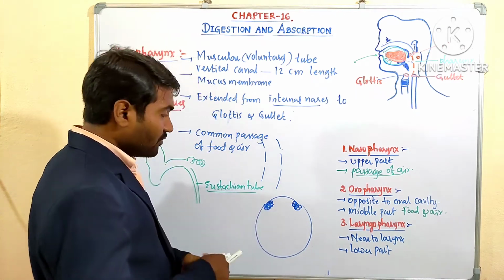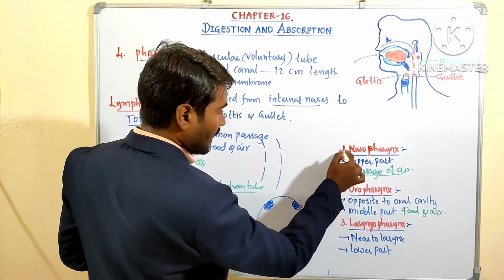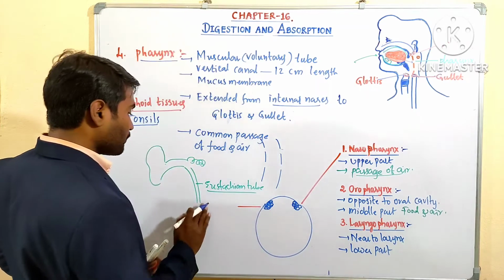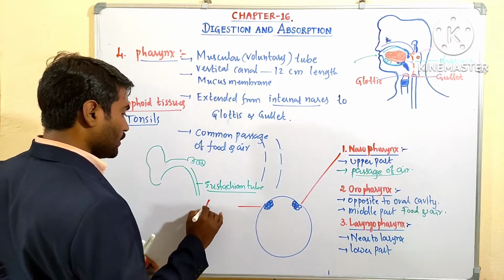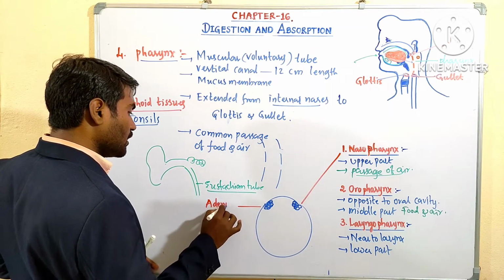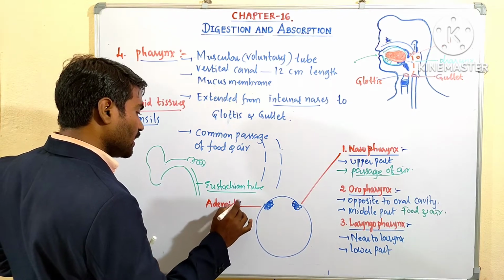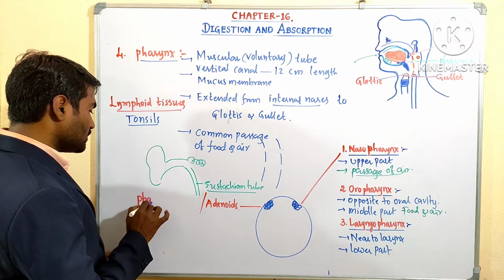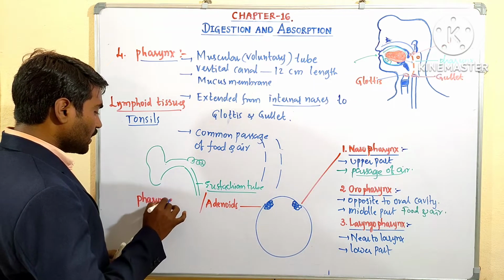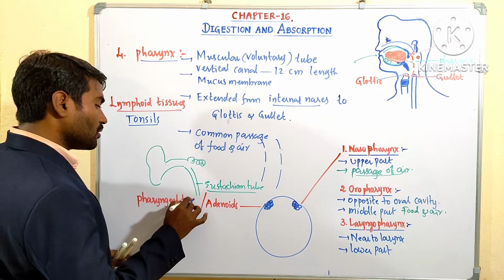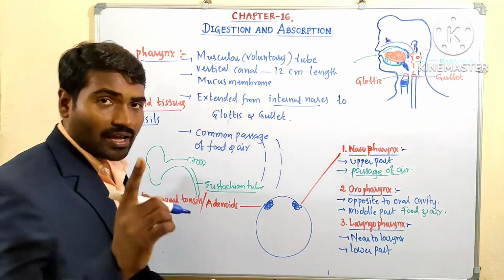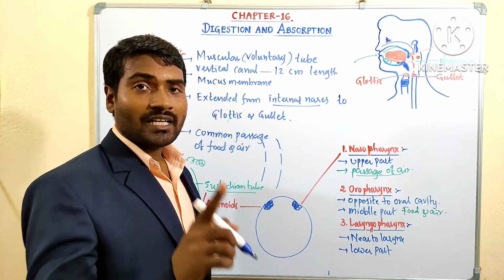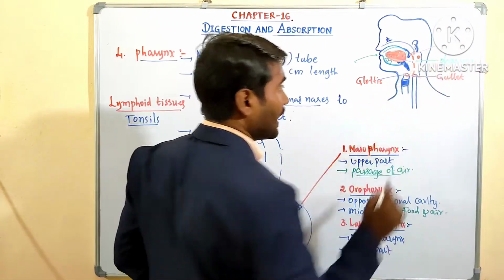So these lymphoid tissues which are present near the nasopharynx are called adenoids. Adenoids are pharyngeal tonsils. Pharyngeal tonsils are adenoids, a special type of lymphoid tissue present in the nasopharynx.